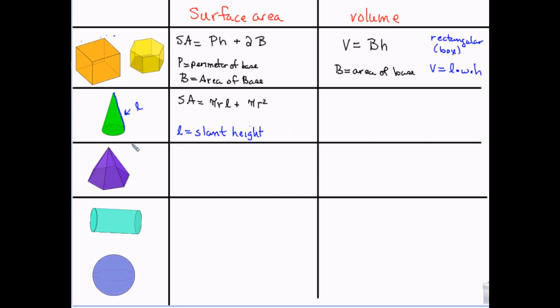And of course radius is in here. And the volume is 1/3 pi r squared h. And that's the regular height, which goes up the center like that.